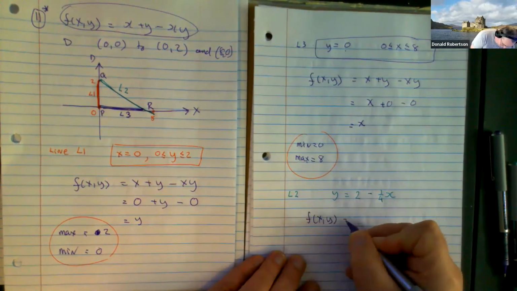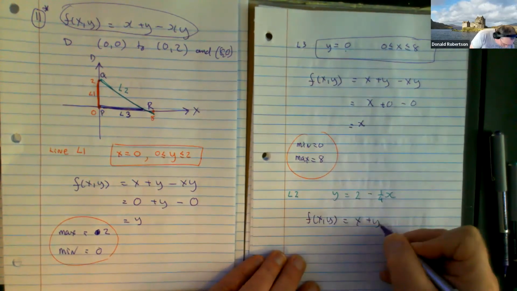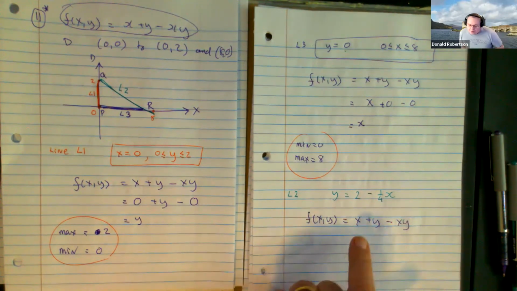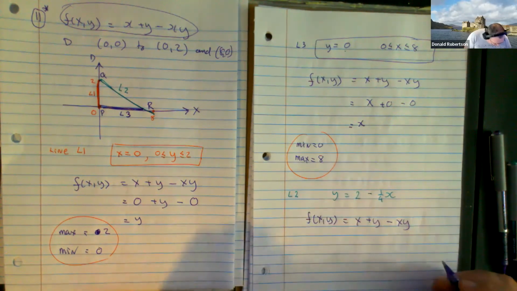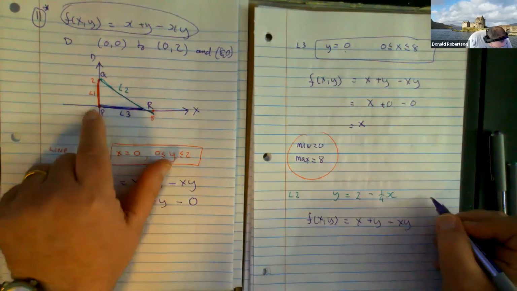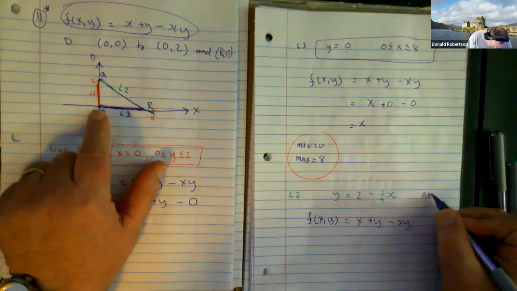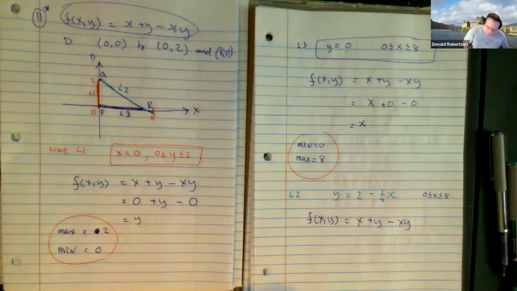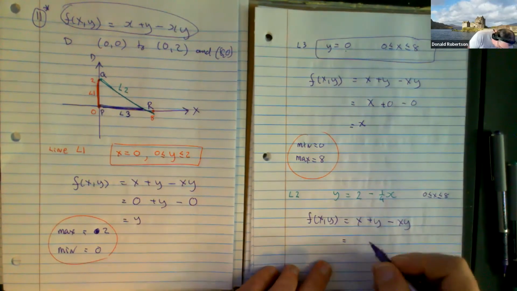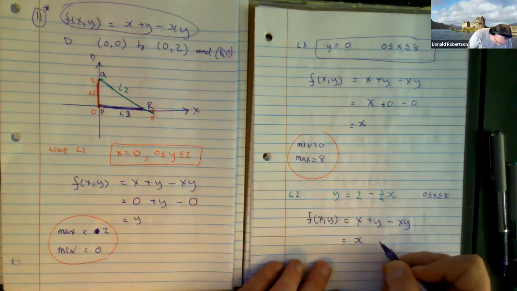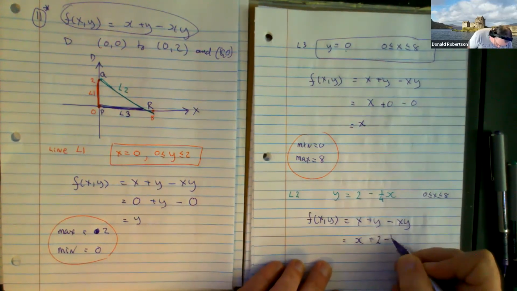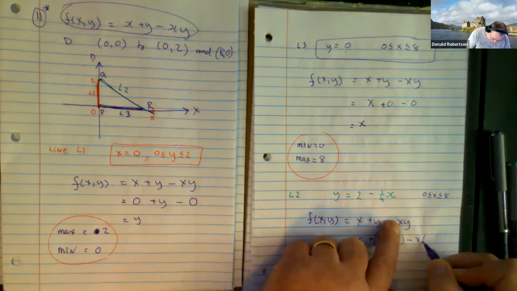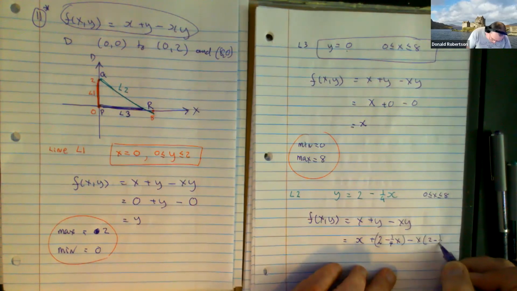Now, same thing as before. We take the function that we're trying to find the absolute max and min of, which is this one. Only this time, I almost forgot, this straight line only exists for values of x between 0 and 8. I don't use the entire line forever. Now, that means this becomes x, this becomes 2 take away 1/4 x, and this becomes x times 2 take away 1/4 x.